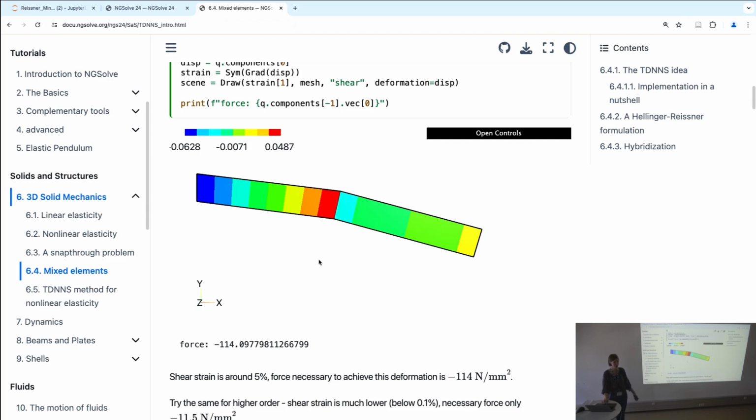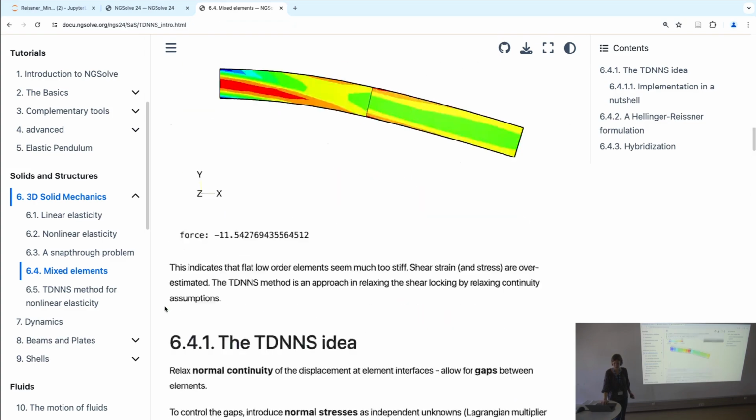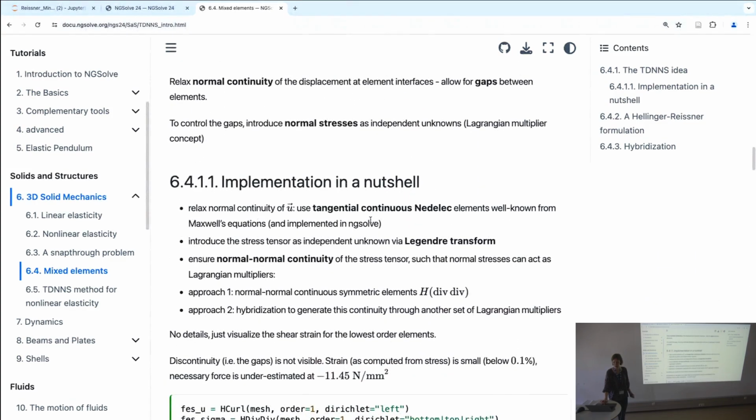So we have a normal gap in the displacement, and because we have a normal gap, we need something to control that gap. We add the normal stress as a Lagrangian multiplier on this interface. So that's the idea here. We have a normal gap in the displacement. We add a normal stress at the interface.